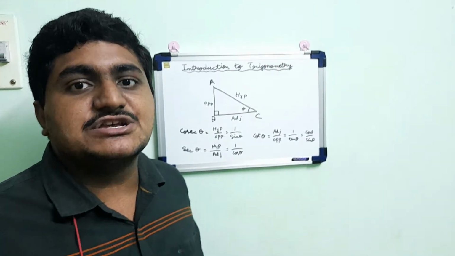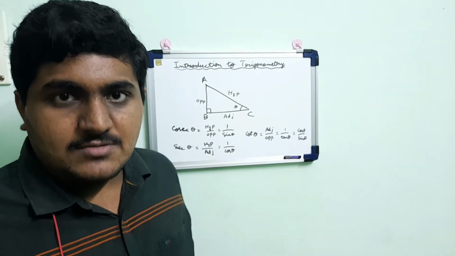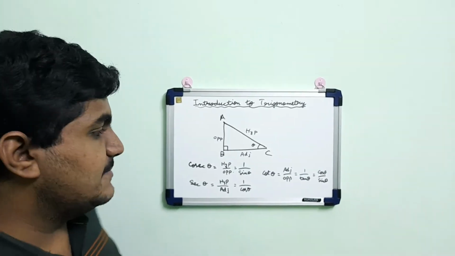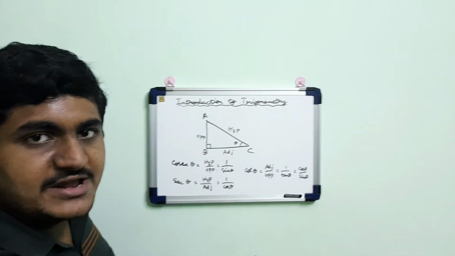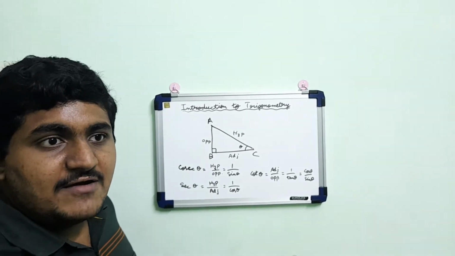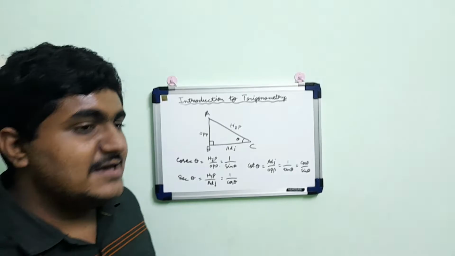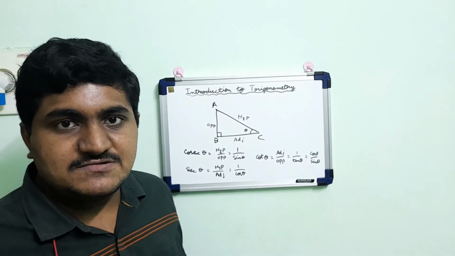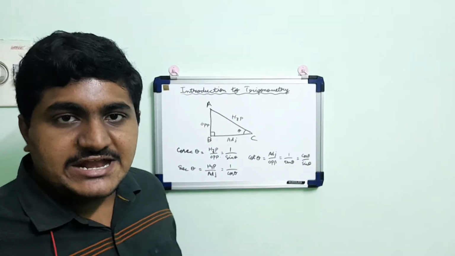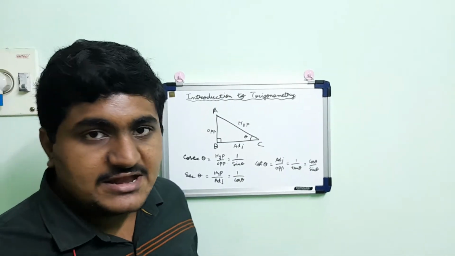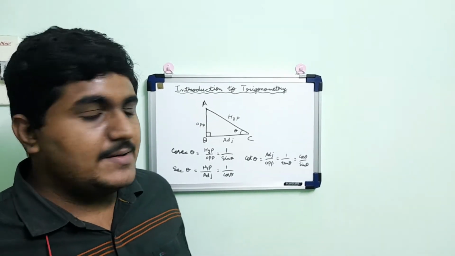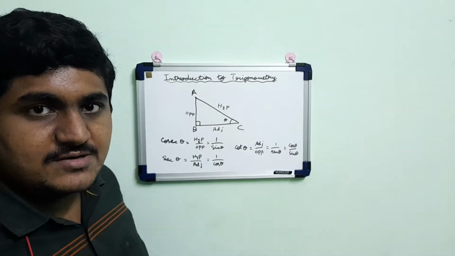So now that we have seen all the trigonometric ratios, we need to know the values of these trigonometric ratios for some particular angles which are very much important. Those angles are 0 degree, 30 degree, 60 degree, 45 degree and 90 degree. So we will see the values of the various trigonometric ratios for these angles.